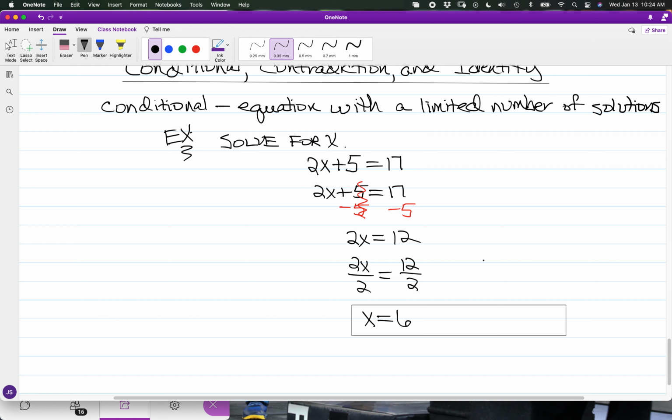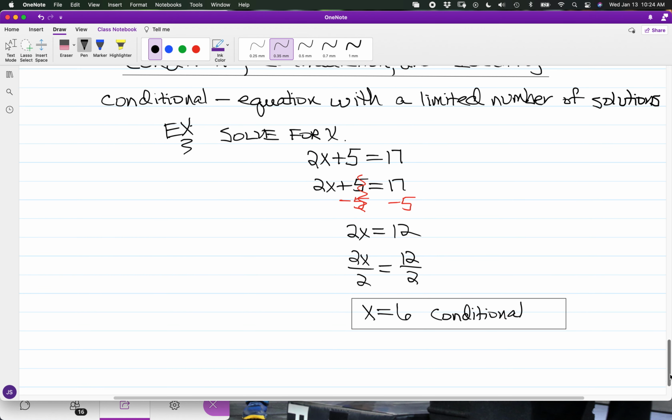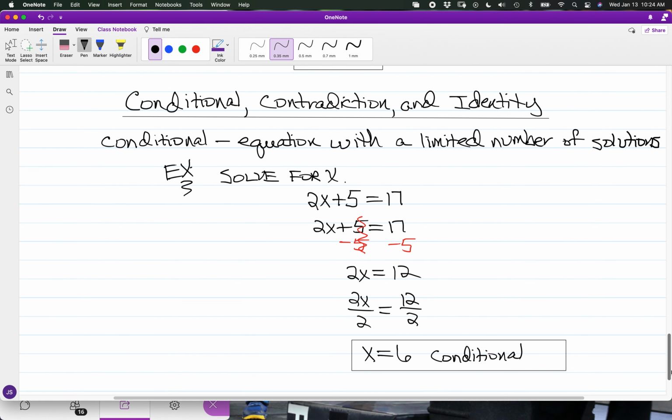So there's only one solution, so you have a limited number of solutions, and this equation is true on the condition that x is equal to 6. So you have a conditional, limited number of solutions.